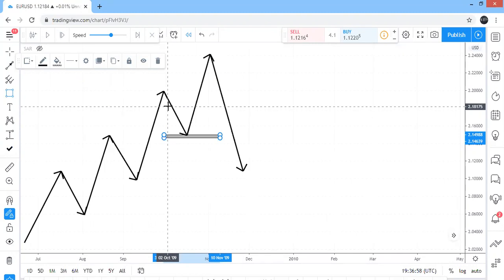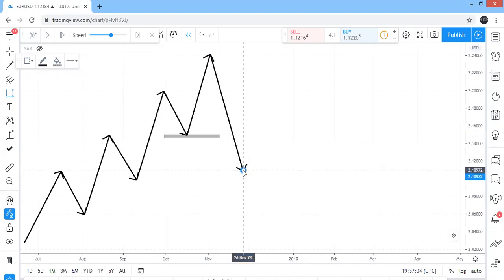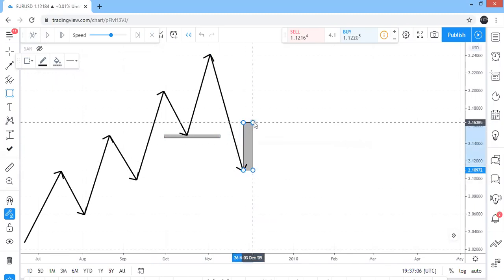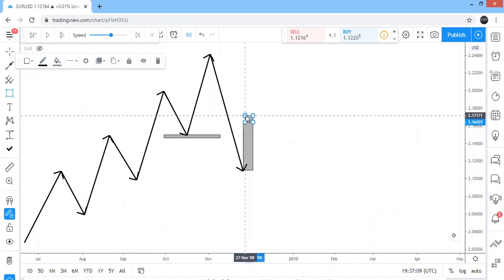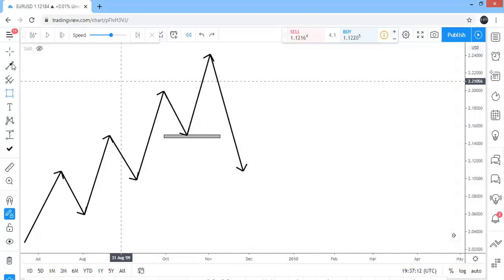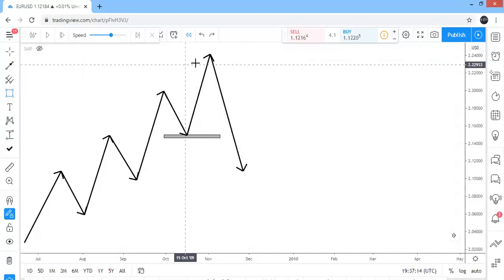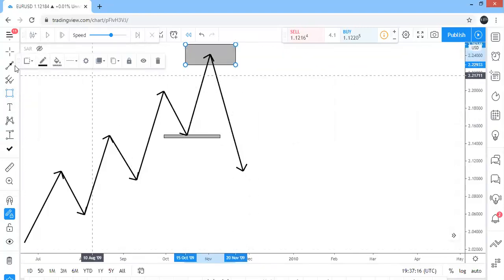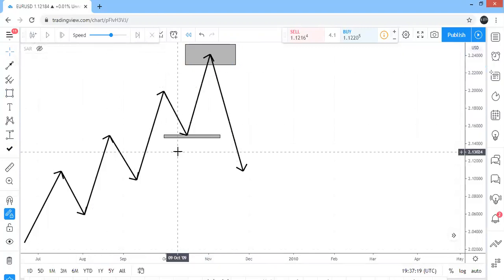The second thing that you need to be able to identify is that when the market now begins to pull back, it needs to be able to form a high in the market that is lower than the previous high. So you can establish that this is a high. So what type of high does the next high have to produce in order for you to say that this is a trend reversal?